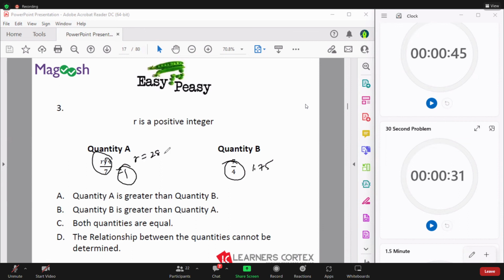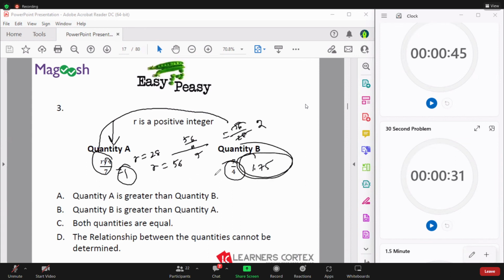However, if I take the value of r as 56, now 56 over 28 becomes 2. There are multiple possibilities where the fraction would actually be greater than 7 by 4 as well. So all those values will yield where quantity A is actually greater than quantity B, right?